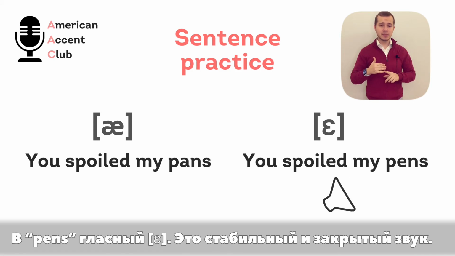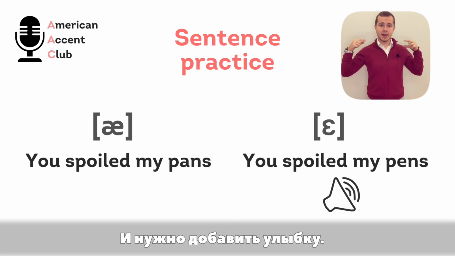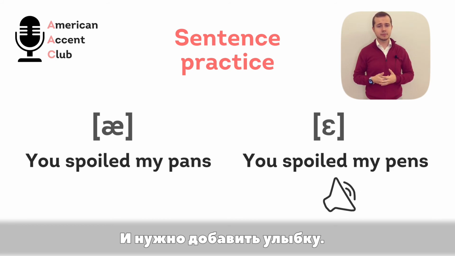It's a stable sound. It's a closed one. You do not have to open your mouth, so it remains at the same level of your mouth opening throughout all of the vowel. E, pens, pens, and you add a smile. You spoiled my pens. Once again, the first one.